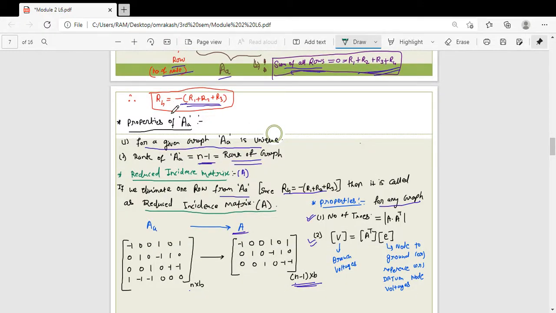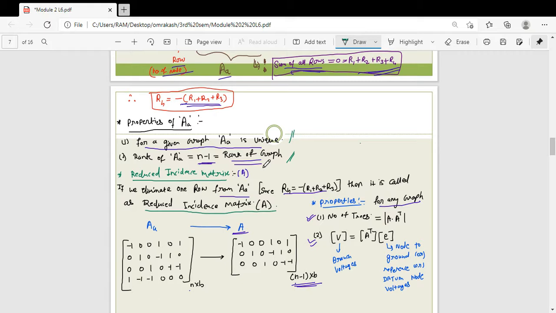For a given graph, AA is unique. So for any given graph, this augmented incident matrix is unique, and the rank of that matrix you can easily find by using the number of nodes minus 1. So this is nothing but the rank of the graph.